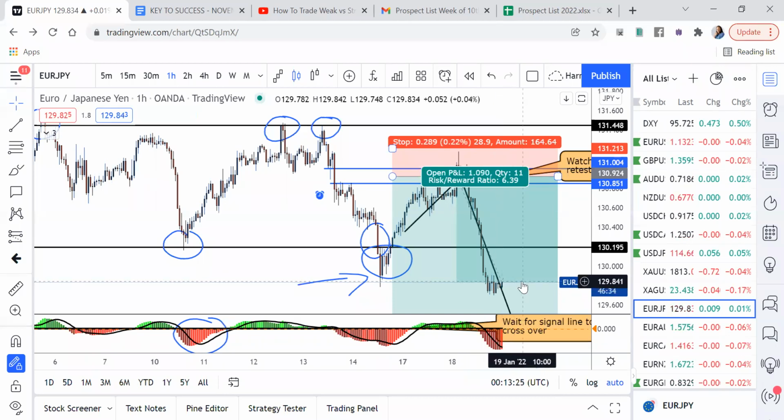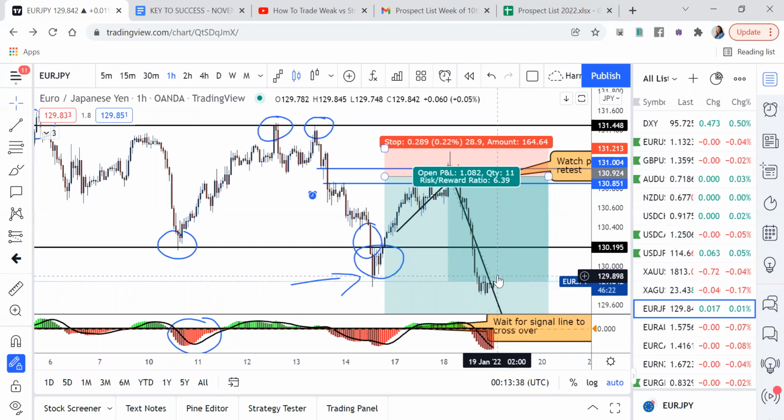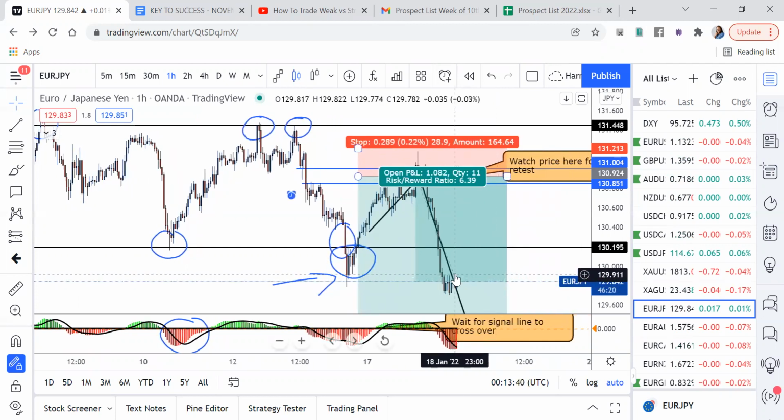So what's currently happening with price is that price is breaking the zone with a strong breakout right now. All right. So don't be surprised if you see that price at some point continues to drop further before we get another retest on Euro JPY, because price is nowhere around structure right now.